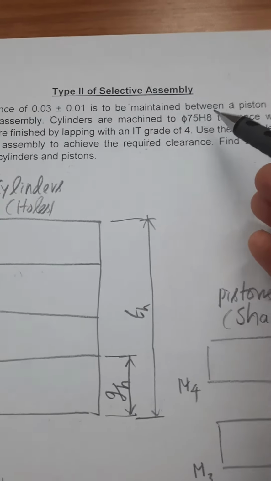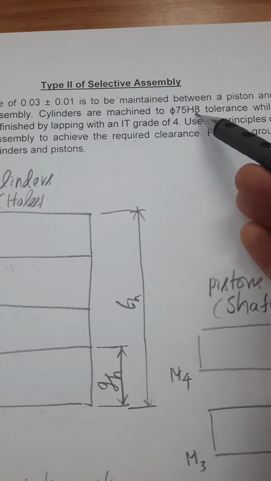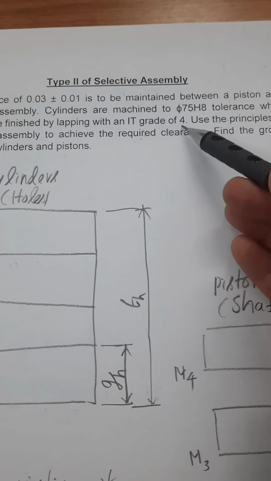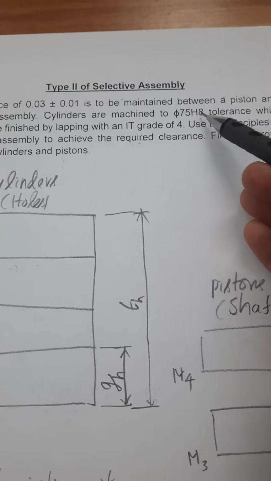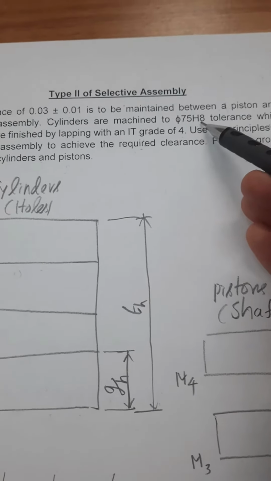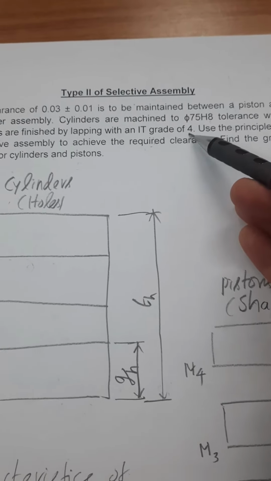If you look at the IT grade for the hole, it is 8. For the shaft, it is 4. So the tolerance value for IT grade 8 will be more than that of 4.